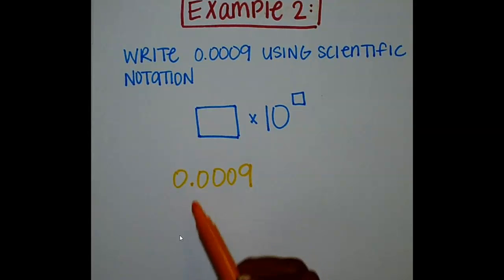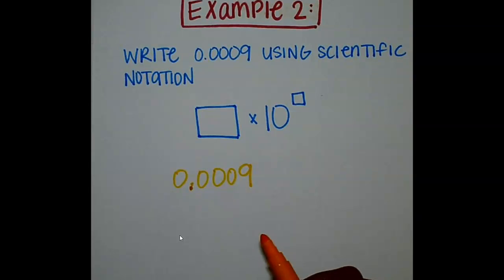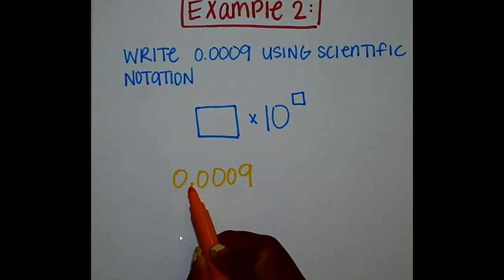First things first, I'm going to locate the decimal, which is right here, and then I'm going to move it however many place values to the right in order to make this number greater than or equal to 1, but less than 10. So it has to be between 1 and 10. Let me see how many times I'm going to need to move it to get there.